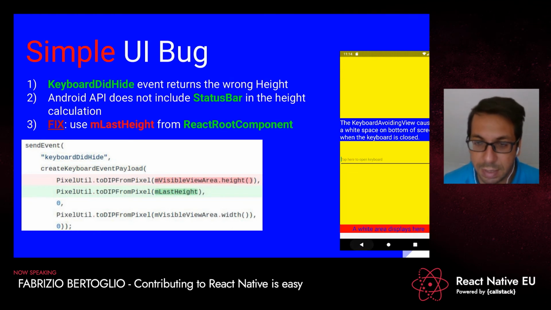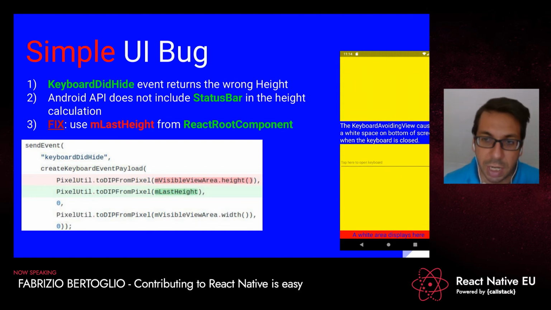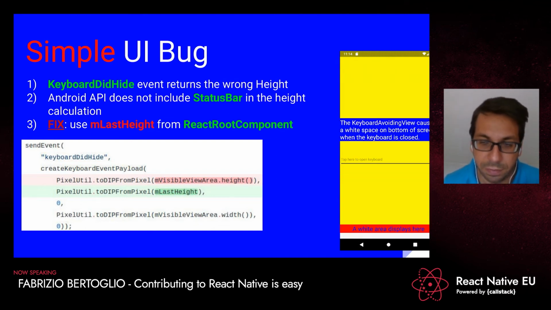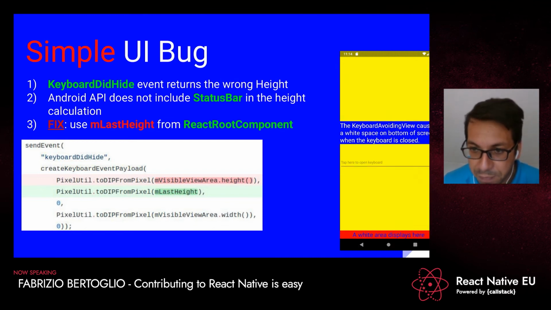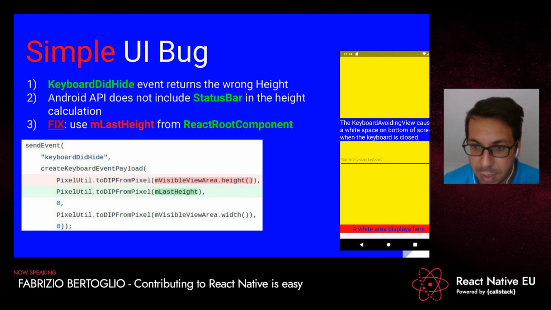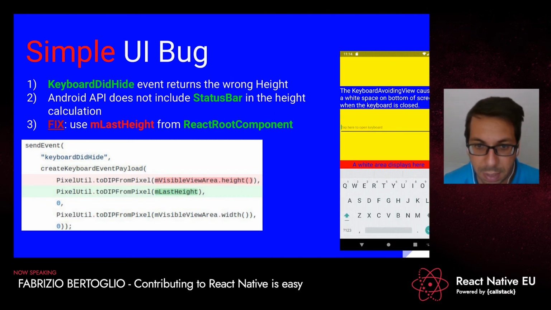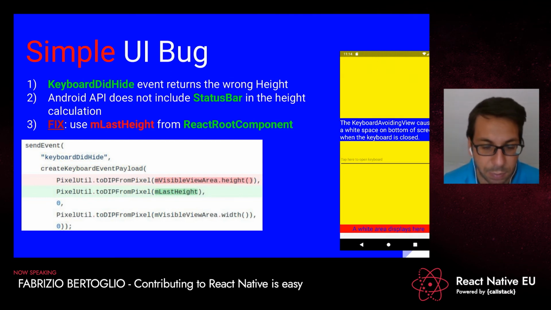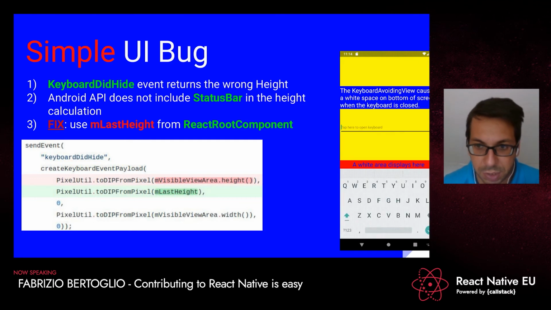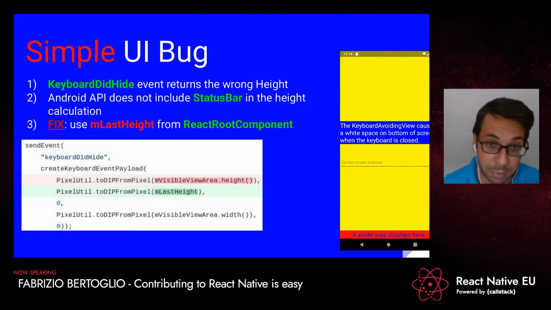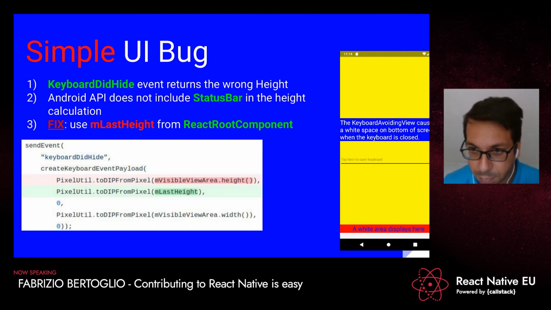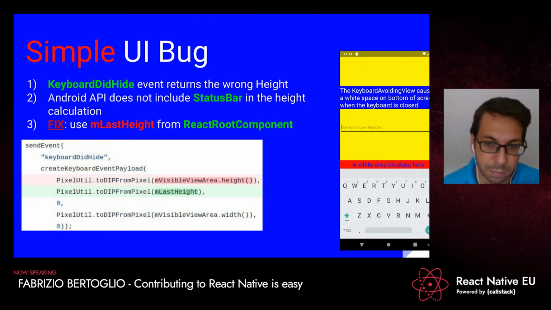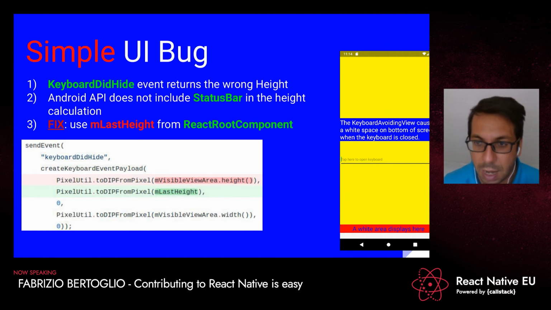For this reason, in this case, the yellow view has additional height of around 50 pixels, which is the height of the status bar. And when we display the keyboard, a keyboardDidShow event will be sent, with a payload of a few pieces of information sent to React Native JavaScript: the height and the coordinates of the available visible view.